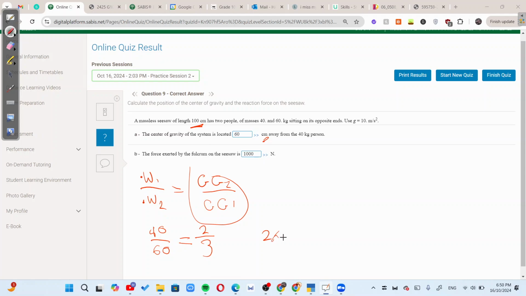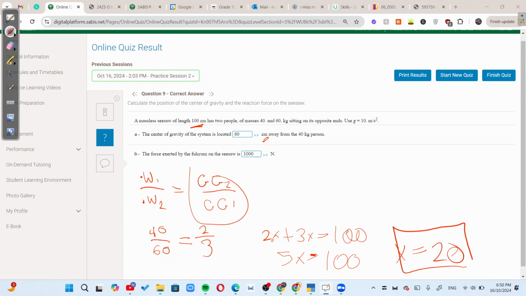So 2x plus 3x equals 100. 5x equals 100, x equals 20. Since this is now your ratio number, you take your ratios 2 and 3 and multiply them by 20.